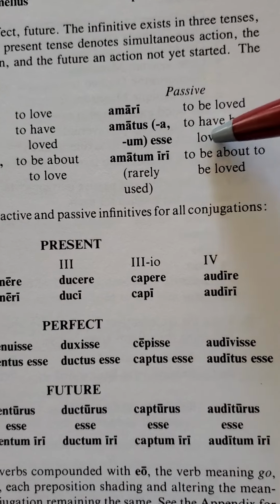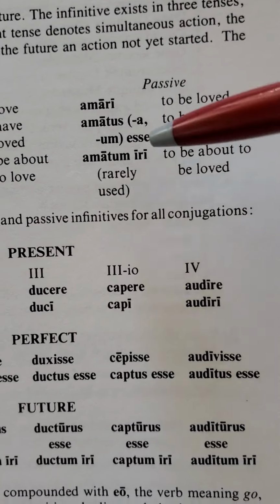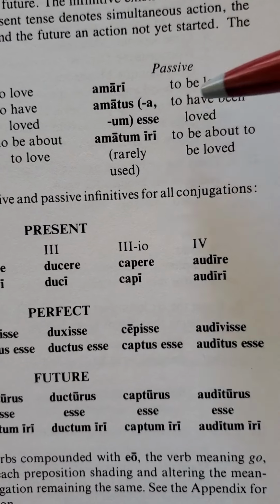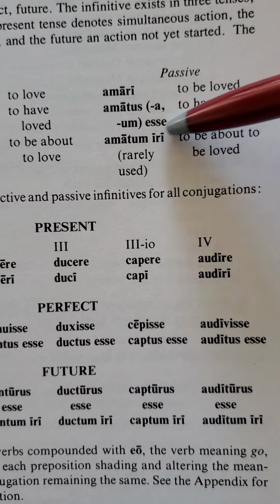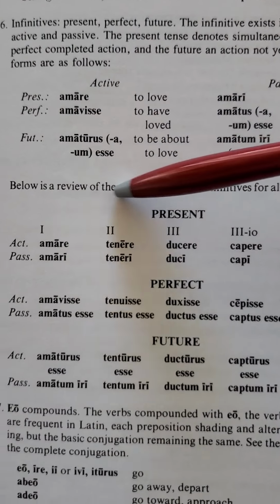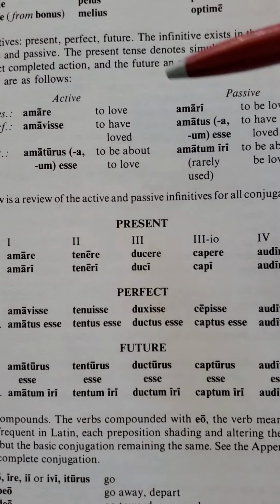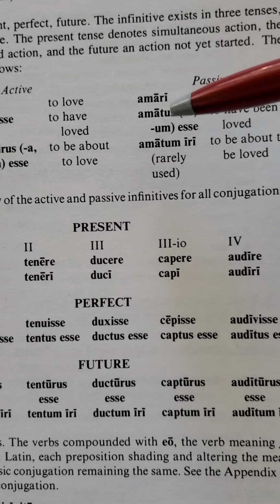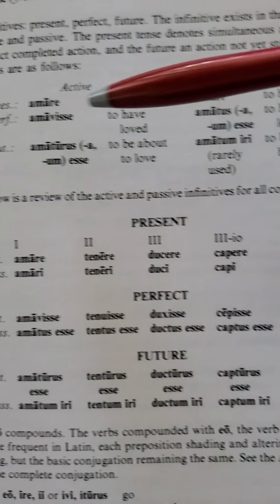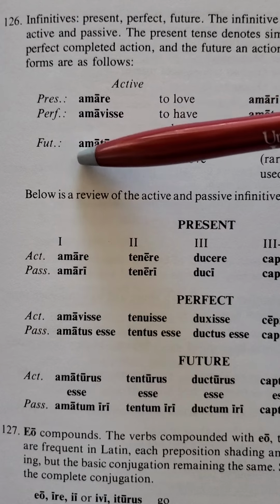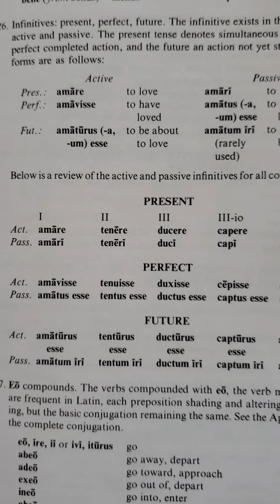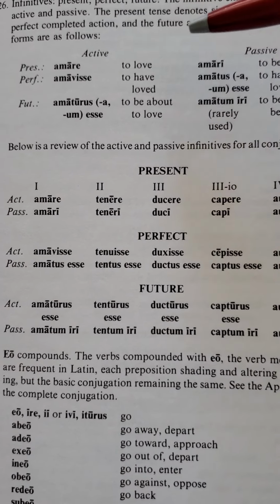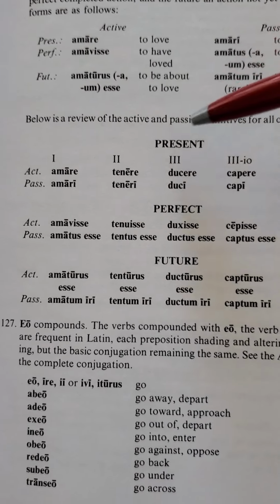And here, rarely used, amatum iri, to be about to be loved. So you really don't have to worry about this one right now, because the rest of these make sense in how they're formed. Amare, amari, third principal part, amavisse, and fourth principal part, amatus esse, future active participle, amaturus esse, and those are all the different infinitives. And so they really are not hard to form.